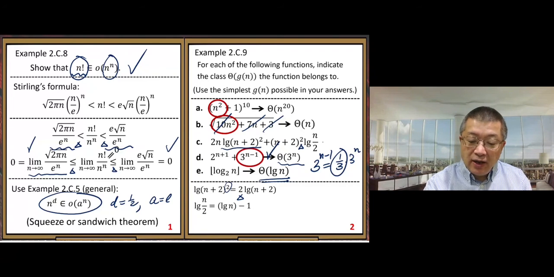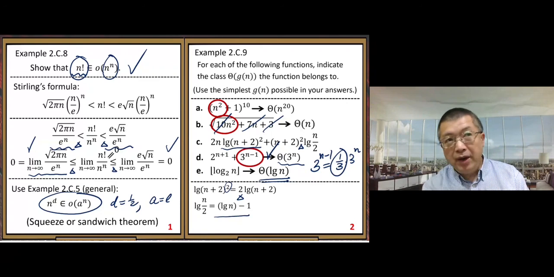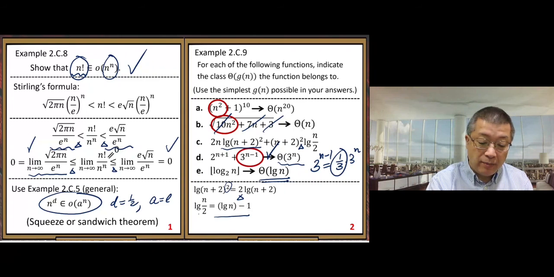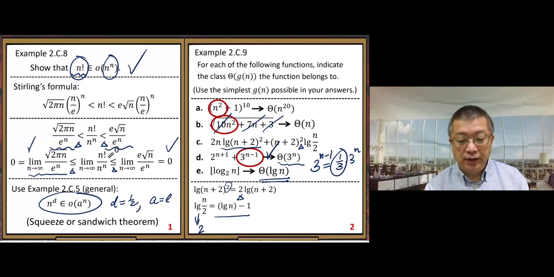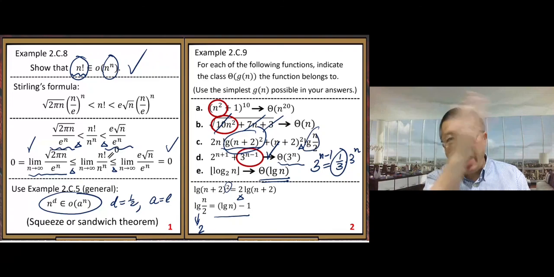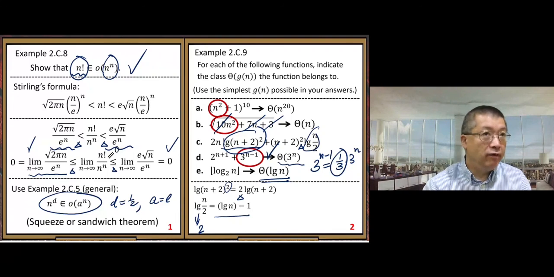And log n over 2, by property of logarithm, is log of n minus 1. Here we use base 2. So you can see the log part is the same category, a multiple of log n.